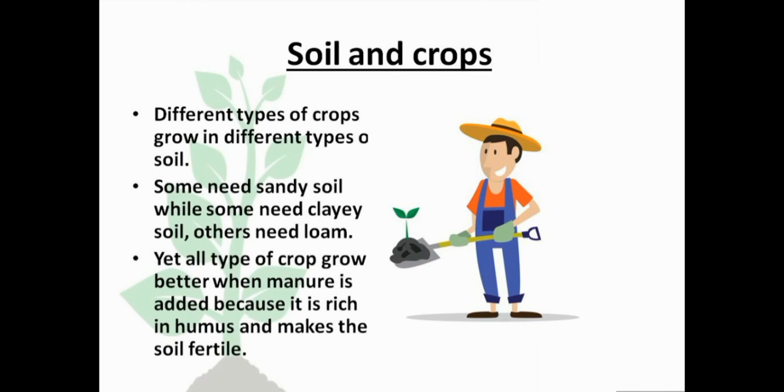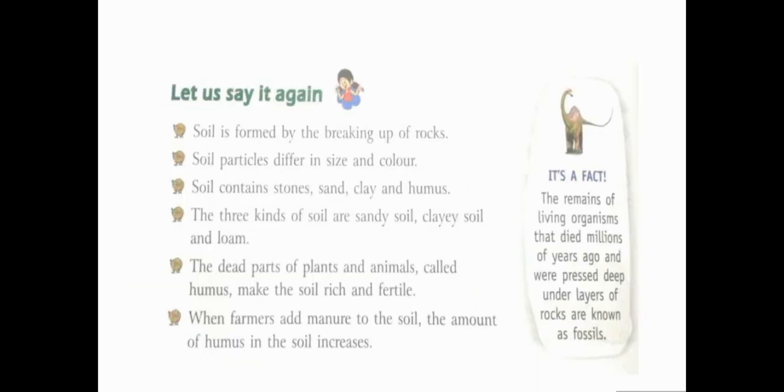What is manure? Manure contains cow dung and decaying leaves. When it is added, it makes the soil fertile, because it is rich in humus. So let's see what all things we have studied today.